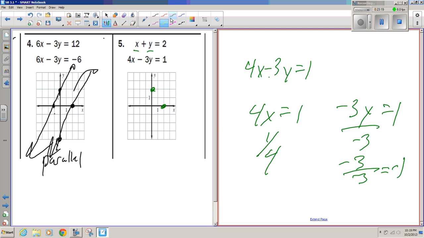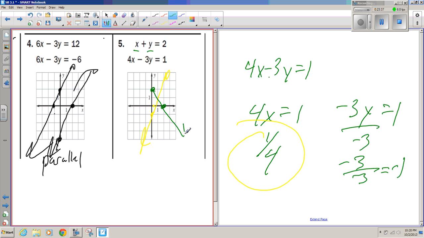So now I've got this equation, 1/4 for the x-intercept. And your graph might look something like that. And I would say that 1, 1 is your closest possible solution.